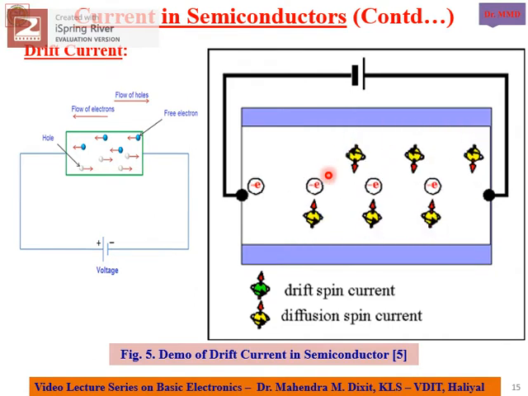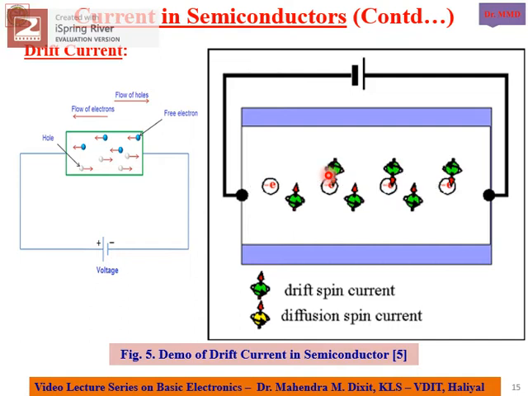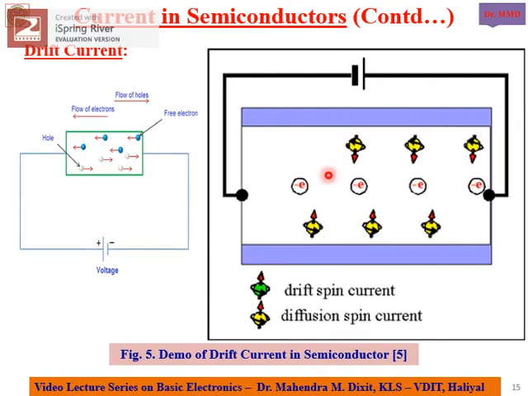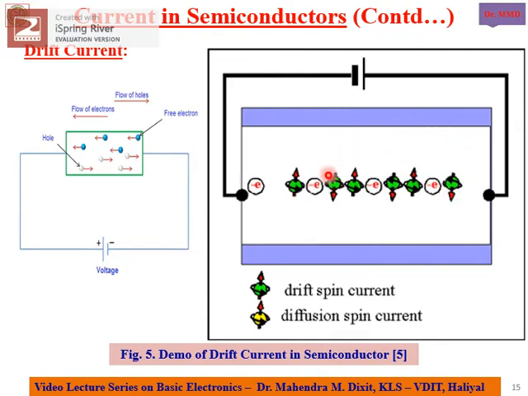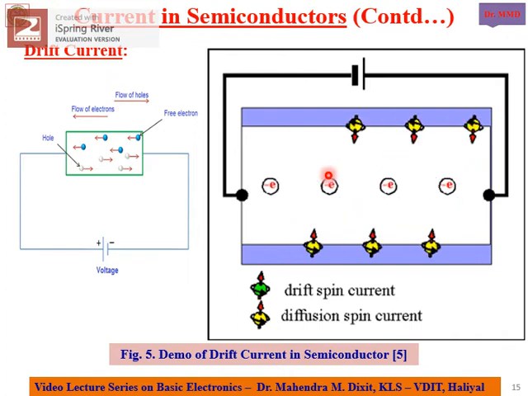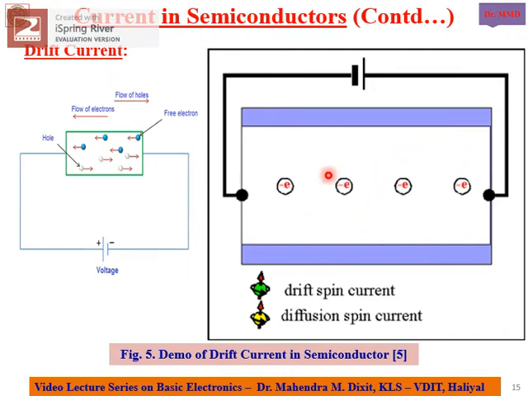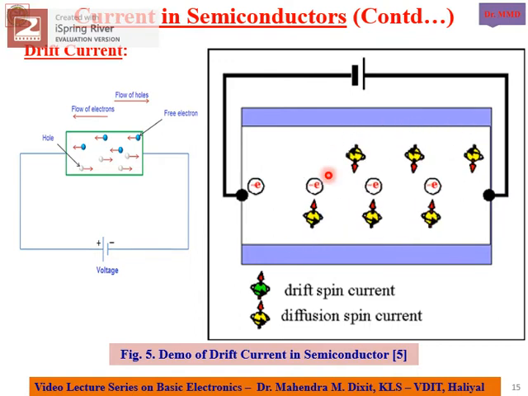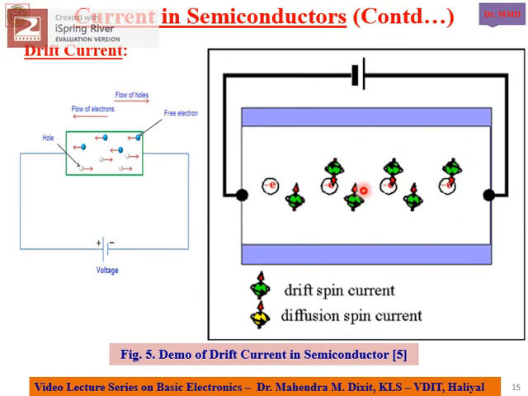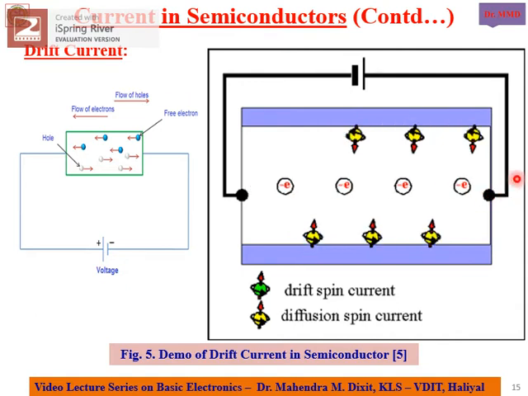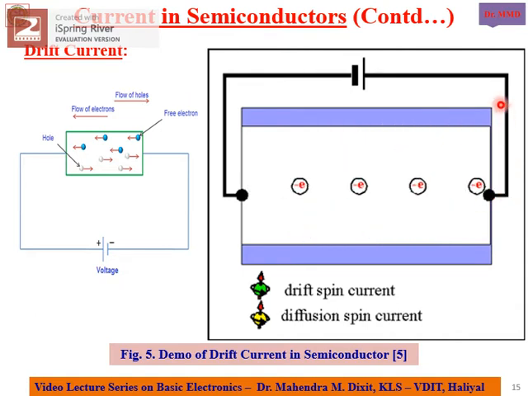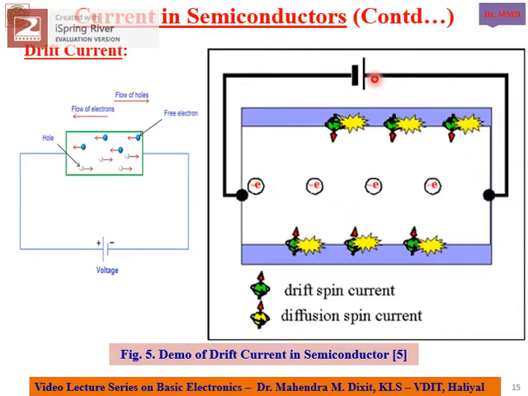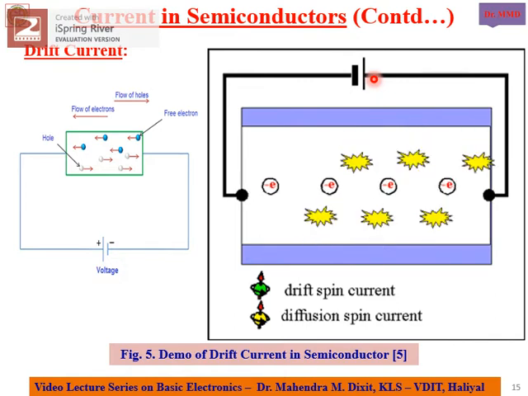So the current is generated in the circuit, and the excess number of electrons will tend to get drifted in the device, and hence this drifting movement of electrons leads to the current called the drift current, which comes out of the device and moves towards the positive terminal of the battery.